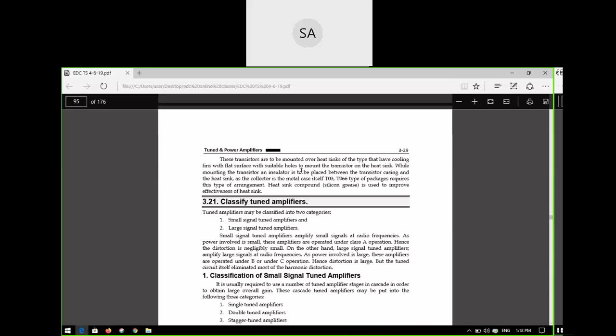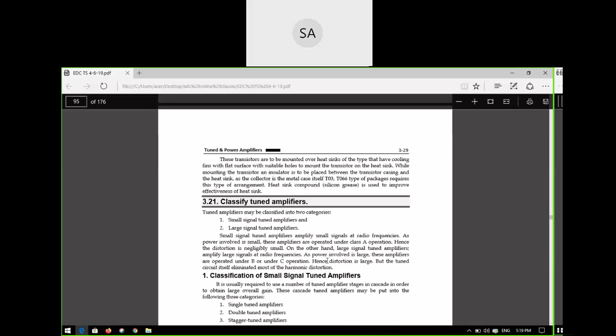In the large signal tuned amplifier, you are dealing with large powers, and the operation of the amplifier is class B as well as class C. Whereas in the small signal tuned amplifier, we are dealing with small powers, and the power amplifier used is class A. You are dealing with a high amount of power in large signal tuned amplifiers, so the distortion is also more.